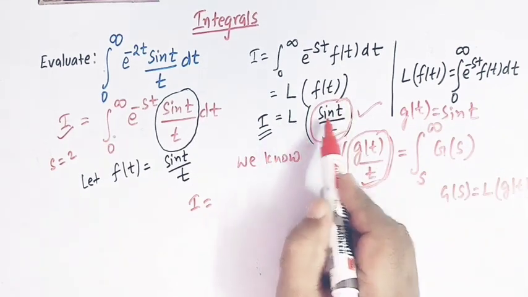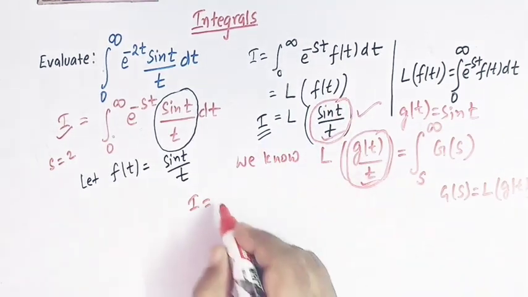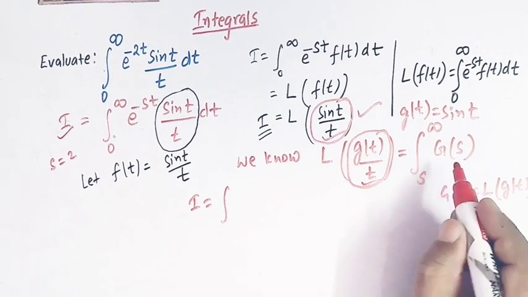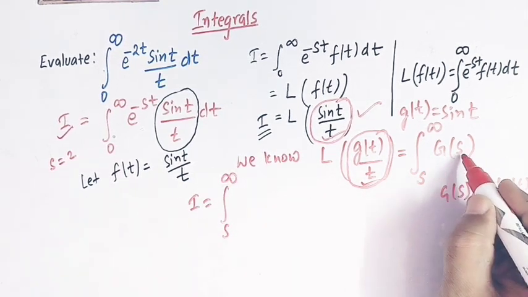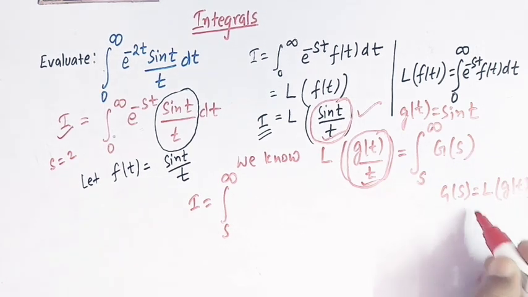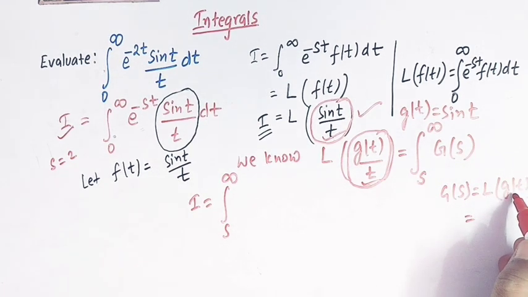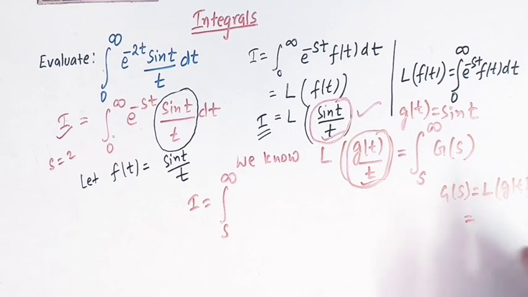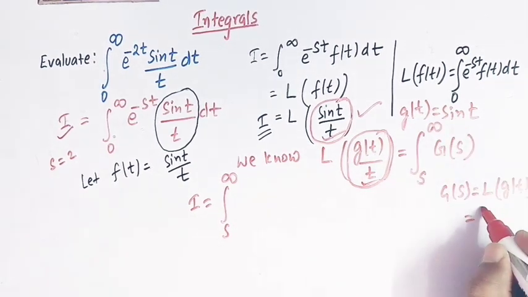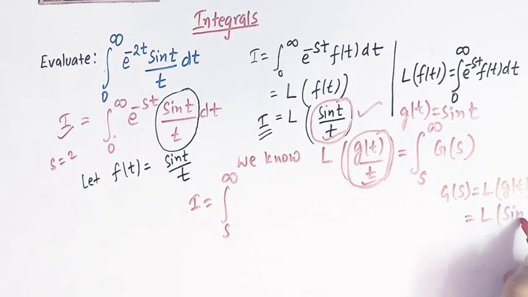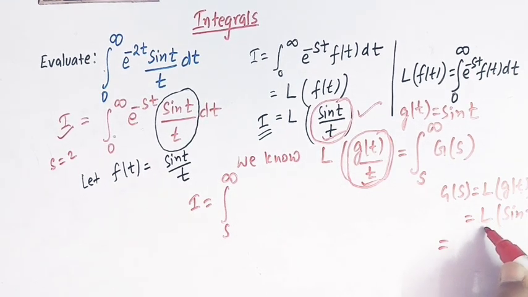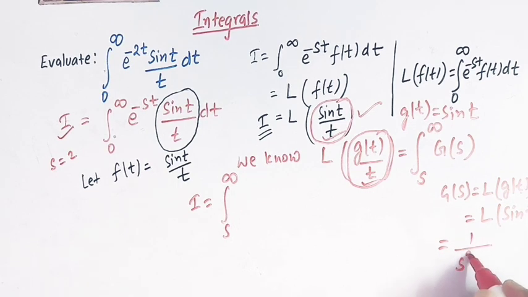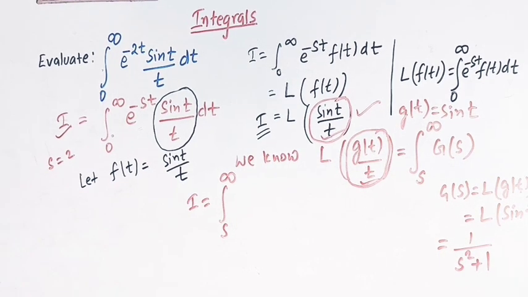So Laplace transform of sine t over t can be written as this integral, so s to infinity and g of s. Now g of s is the Laplace transform of g of t, and g of t is sine t. So we have the Laplace transform of sine t, right? And we know that the Laplace transform of sine t is 1 over s square plus 1, right?